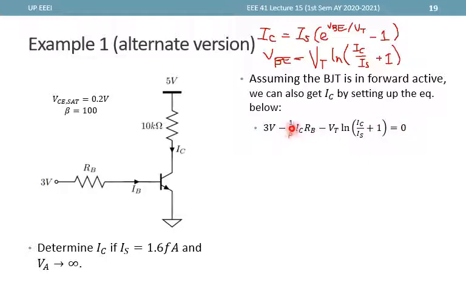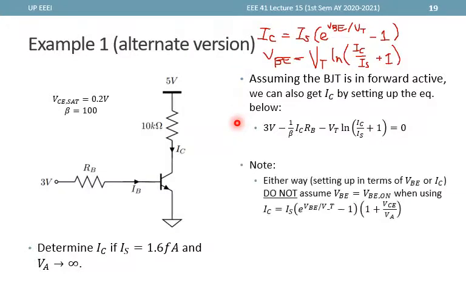And with this, we know beta, we know RB, which is 2 megaohms, VT is 0.026, we know IS, and the only unknown here is IC, and therefore we can solve for IC and proceed with the analysis from there on.